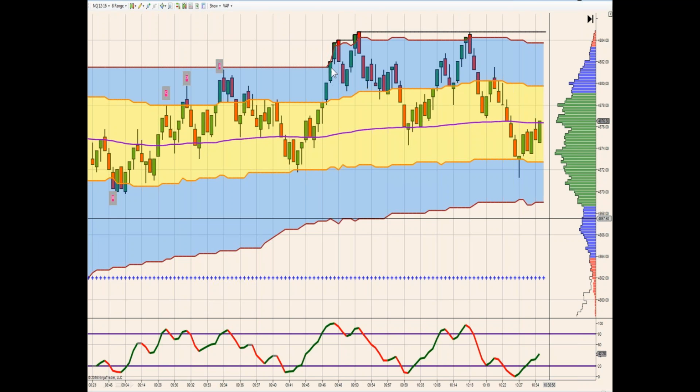And then here you can see it breaks out and then it retraces back to our high value area, then down to the point of control. So if it comes outside the high value area, it's either going to hold and roll over to the point of control and then bounce, or it will hold, roll over to the point of control, and then find its way down to the low value area, and then that will hold, or find its way lower to the next low value area.